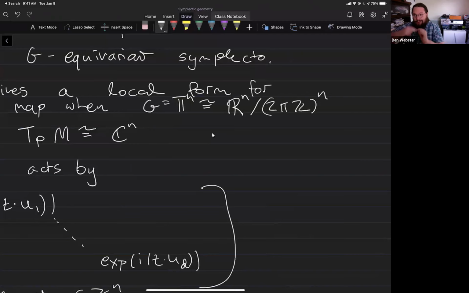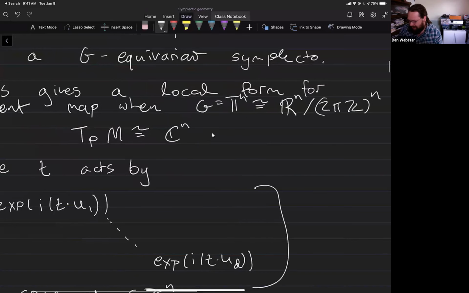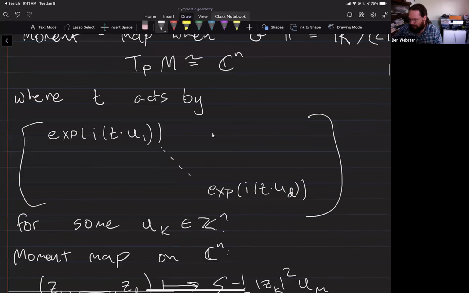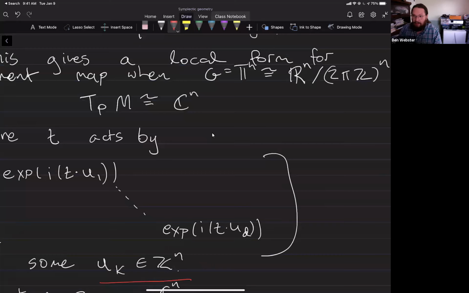In order to turn this into a complex linear map, I have to apply an exponential. Well, I have some vector u_k, which has to have integer entries for everything to be well-defined. I'm taking the dot product of an element t of the torus, thought of as this quotient, with that integer vector.